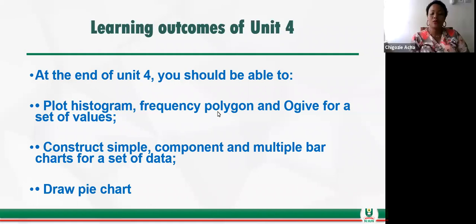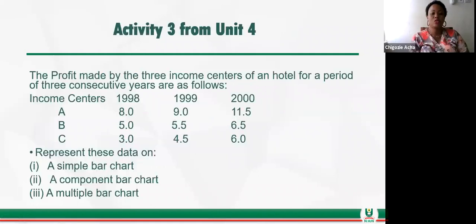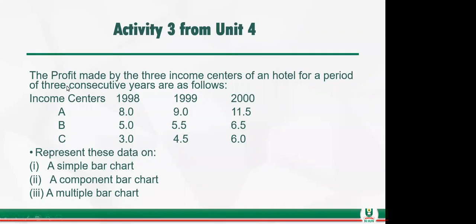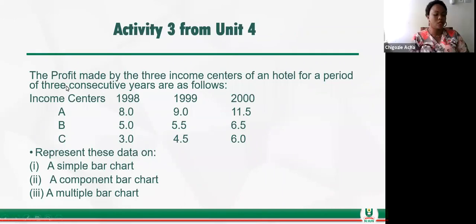So when you are done with Unit 4, you're expected to attempt Activity 3. Activity 3 tells us that the profit made by three income centers of a hotel for a period of three consecutive years are as follows.